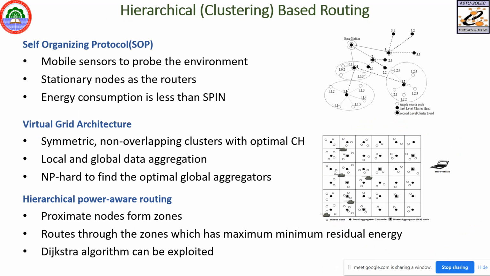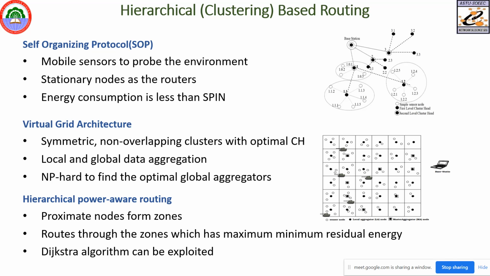Like LEACH, there are some other protocols also: self-organizing protocol, virtual grid architecture, hierarchical power-aware routing. The self-organizing protocol is also a clustering-based routing protocol. This SOP protocol is used to build the architecture and to support heterogeneous sensors.